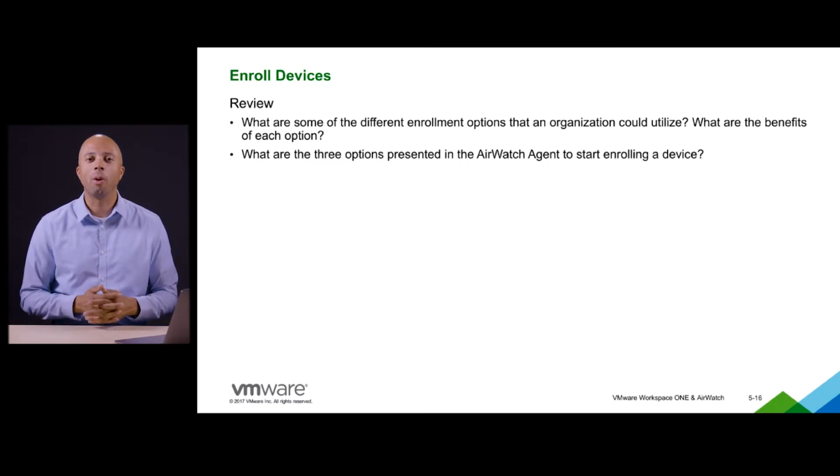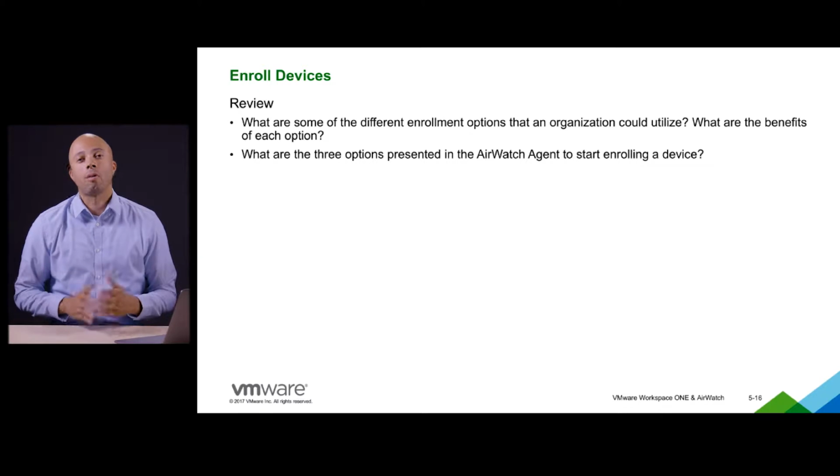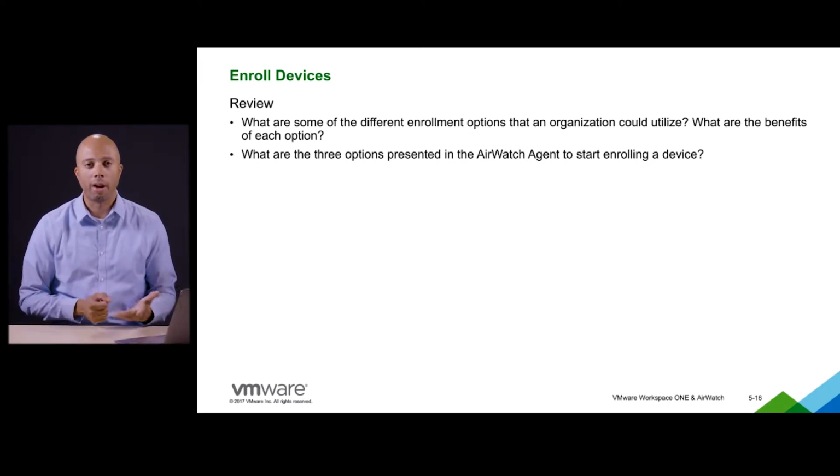So as a review here, what are some of the different enrollment options that an organization could utilize? What are the benefits of each of these options as well? So some different enrollment options are, of course, the simplified enrollment. You can just have the end user pick up the agent and enroll a device. Administrator-based enrollment.